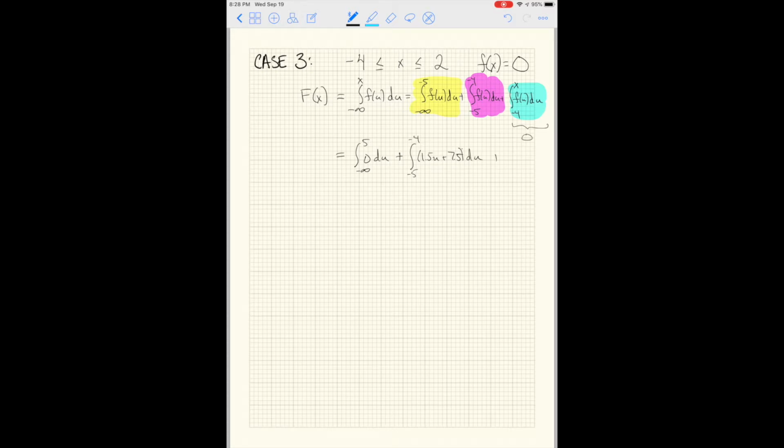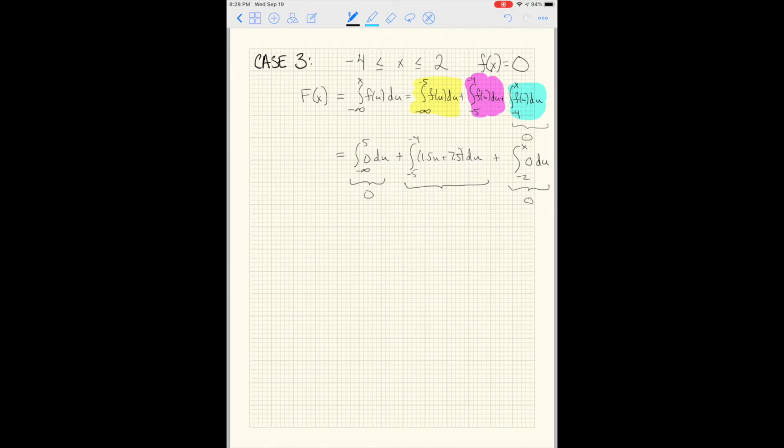That's du, and then plus our new bit, which is just going to be the integral of 0 du from negative 4 to x. So we know that this first bit is 0, this last bit is 0, but notice that this middle portion is definitely not going to be equal to 0.